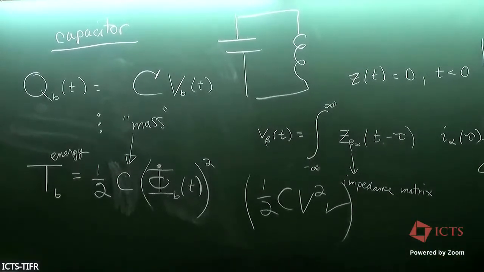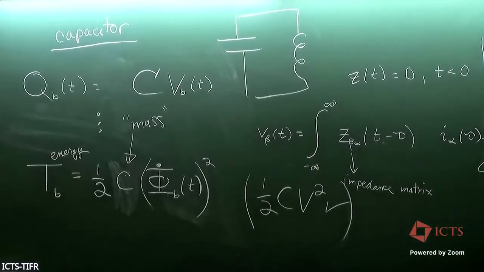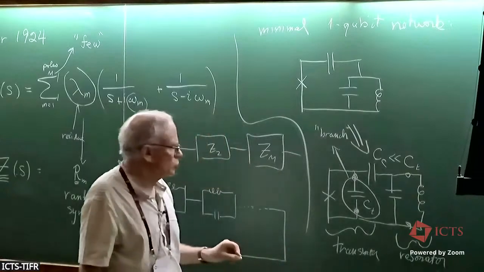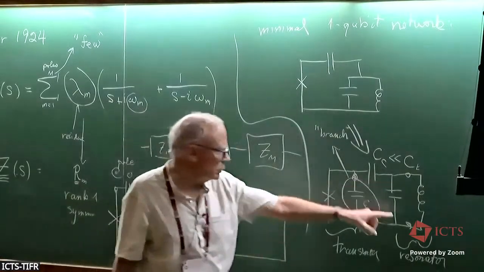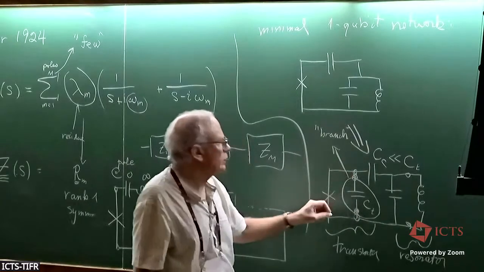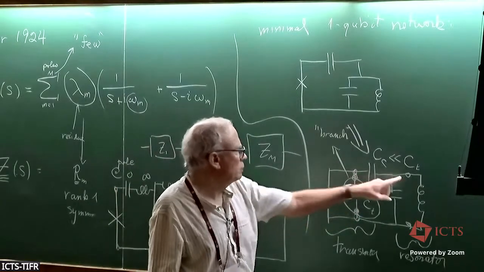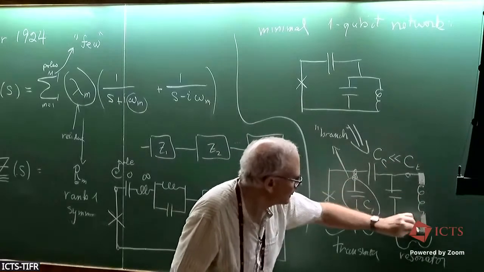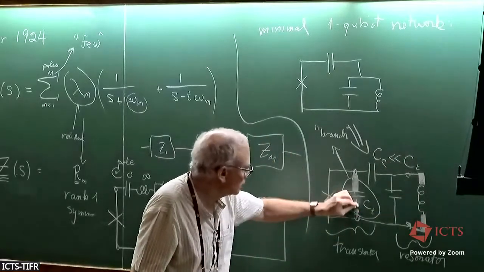That is, branch variables are not all independent from one another. If we have this branch, back to my transmon resonator circuit, and I've described things, and I have this branch and I've computed things, then this branch, and I've also accounted for this branch.